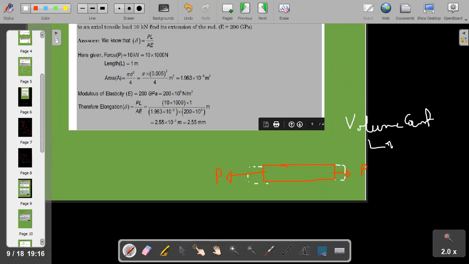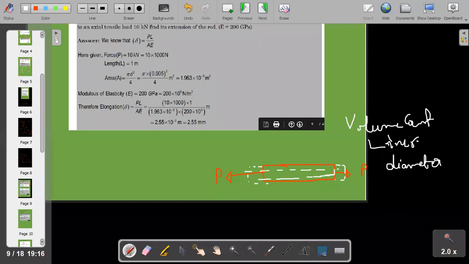To maintain the volume constant, the diameter will decrease, meaning it becomes thin. If you have a wire and stretch it, you will see that it becomes thin, so there is a change in diameter also.